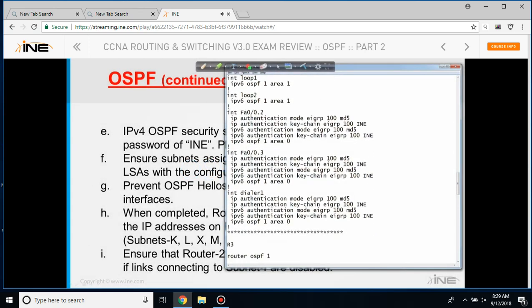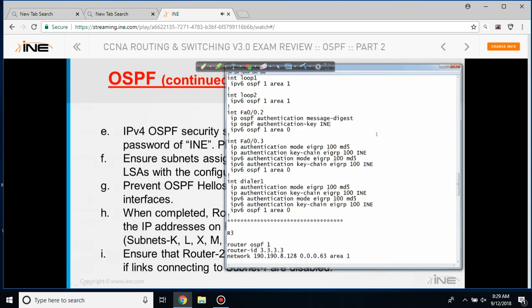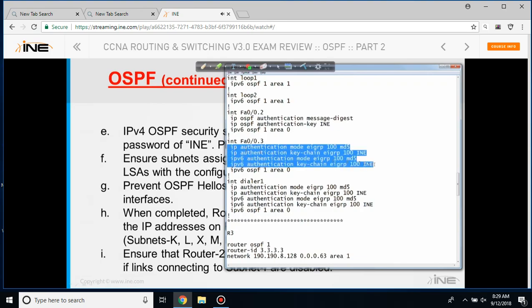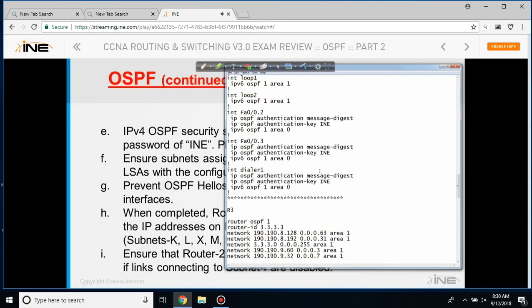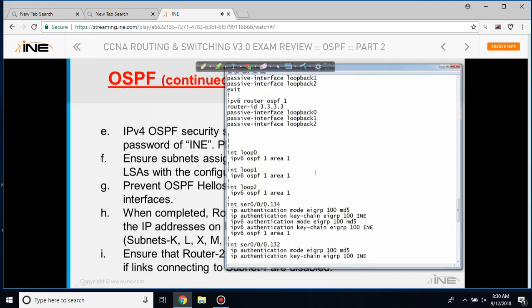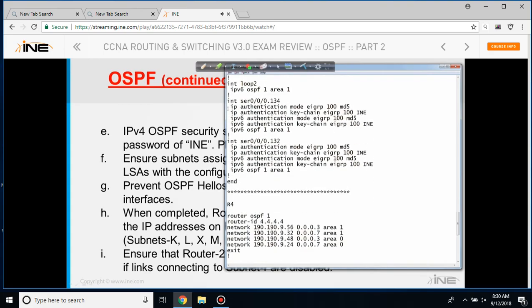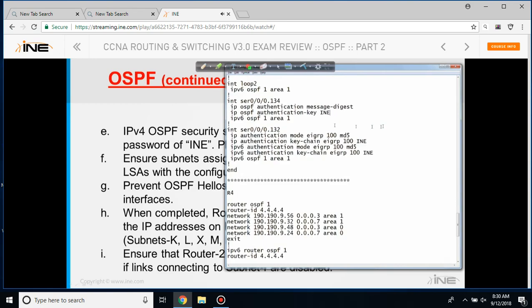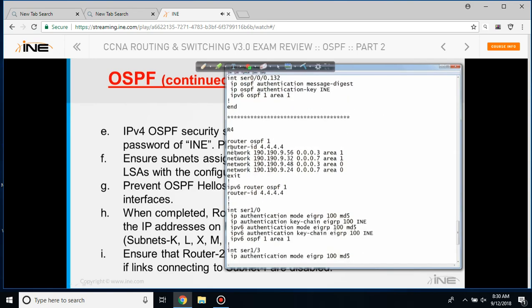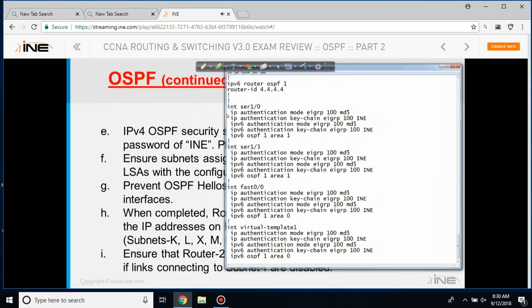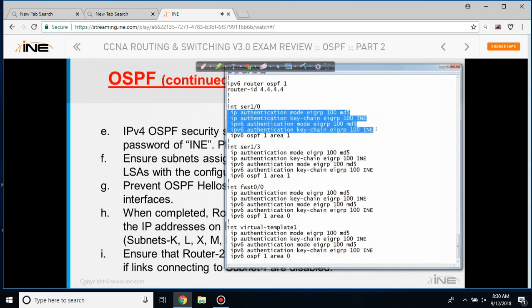Don't have to do any authentication on my loopbacks because there's no OSPF peer that I'm going to be talking to on the loopbacks. Actually, there is one more thing I'm going to need to do to get this working.